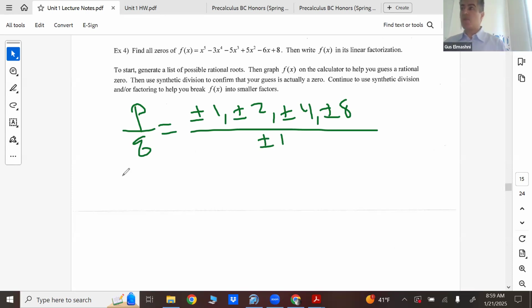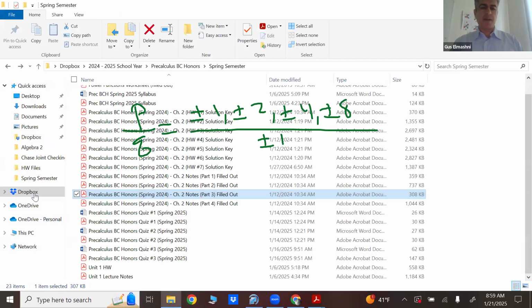So I'm not going to make you do trial and error. We should use the graphing calculator. Even though I'd love to use Desmos, I'm going to use the graphing calculator instead.